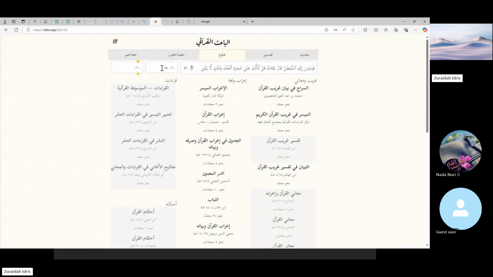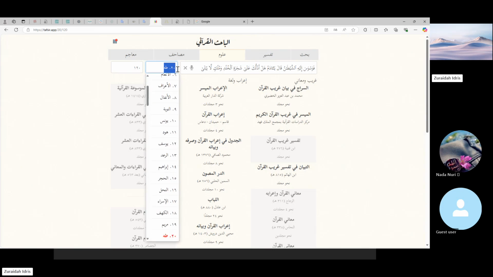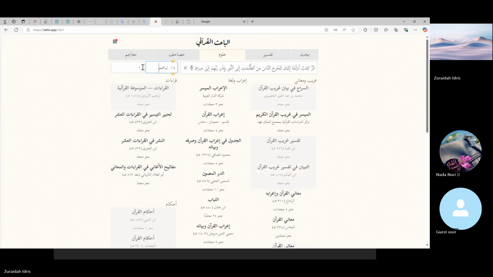So maybe 14:15, right? It was Ibrahim 15. So this is a very good app. It's called Tafsir app. Quite simple, just put tafsir.app and then it'll come out, and it has so much in it.